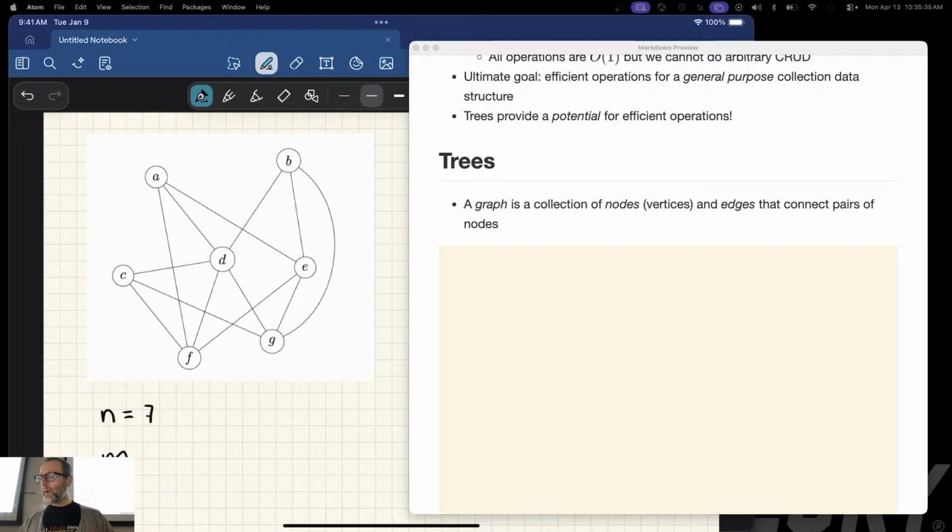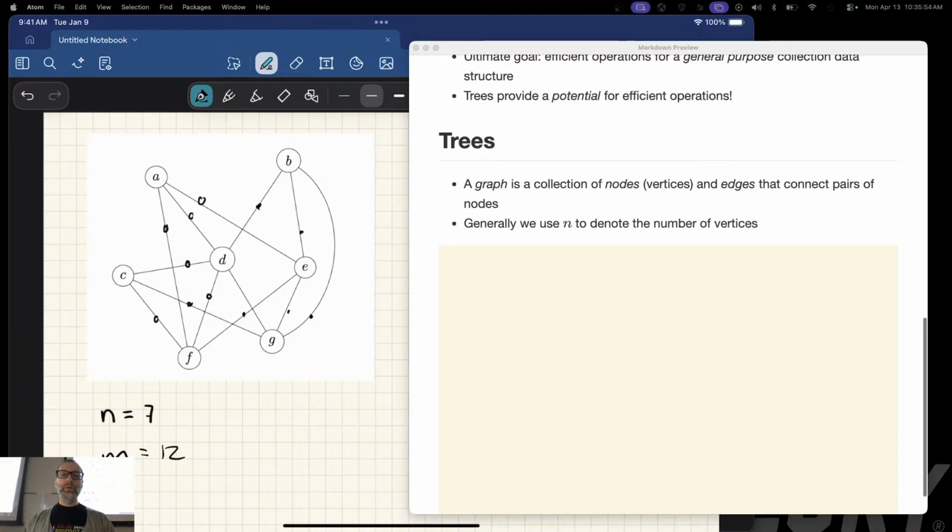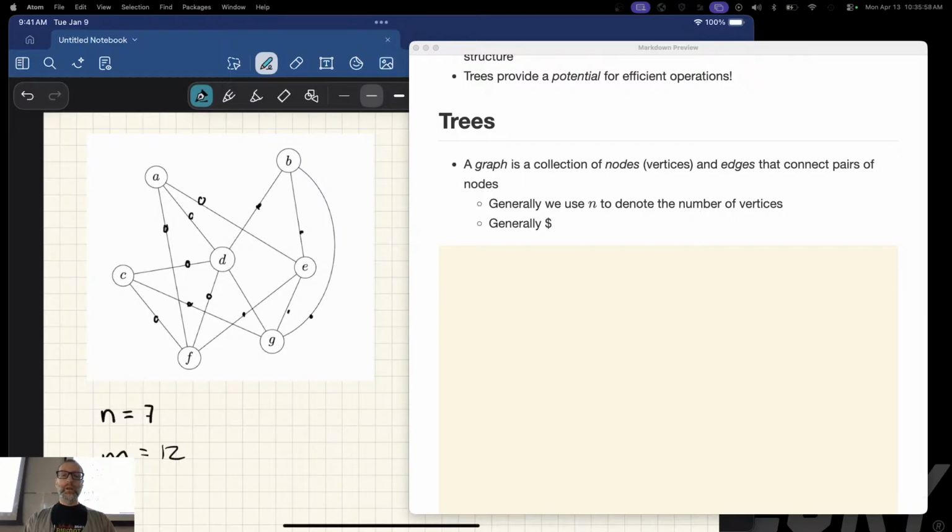How many edges are there here? 1, 2, 3, 4, 5, 6, 7, 8, 9, 10, 11, 12, I think. Hopefully I didn't miscount. But we're going to use those two variables to denote those two things. Again, generally n denotes the number of vertices, and generally we use m to denote the number of edges.